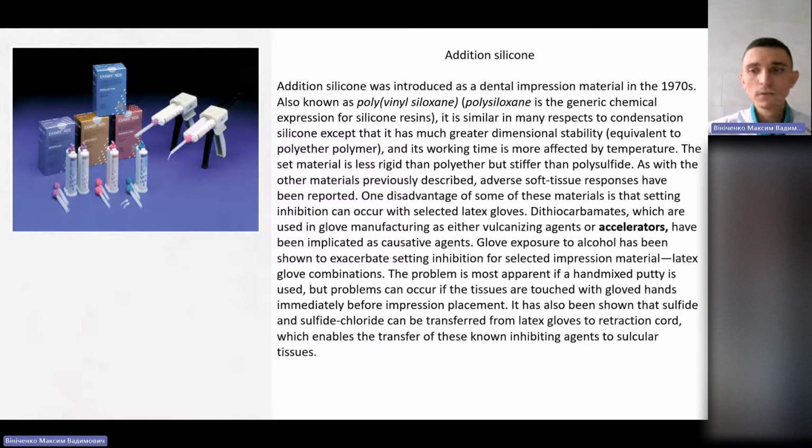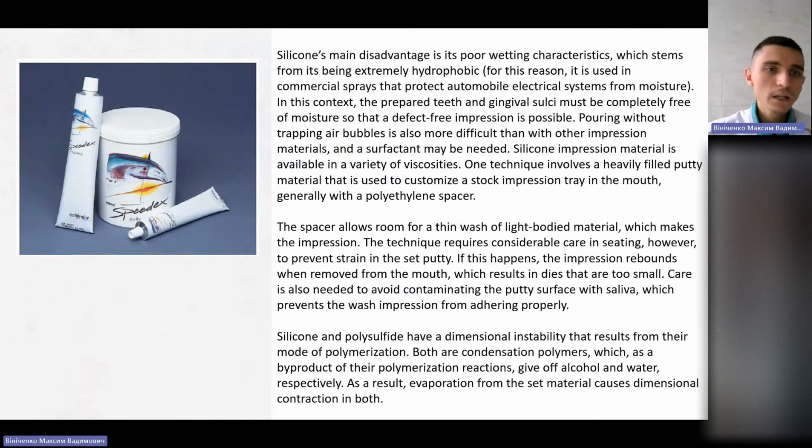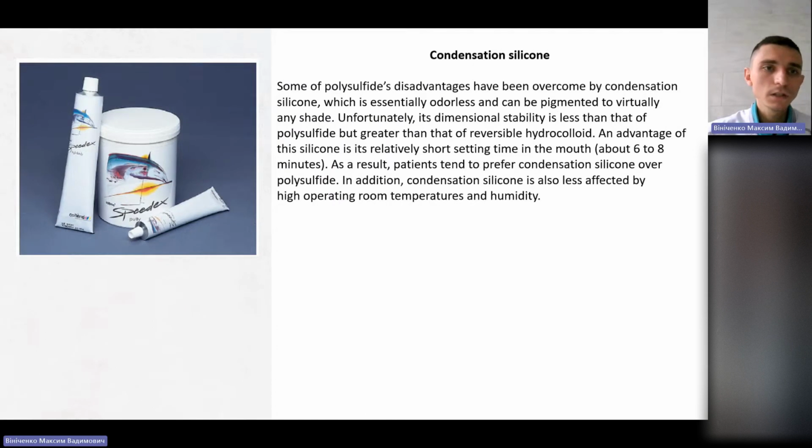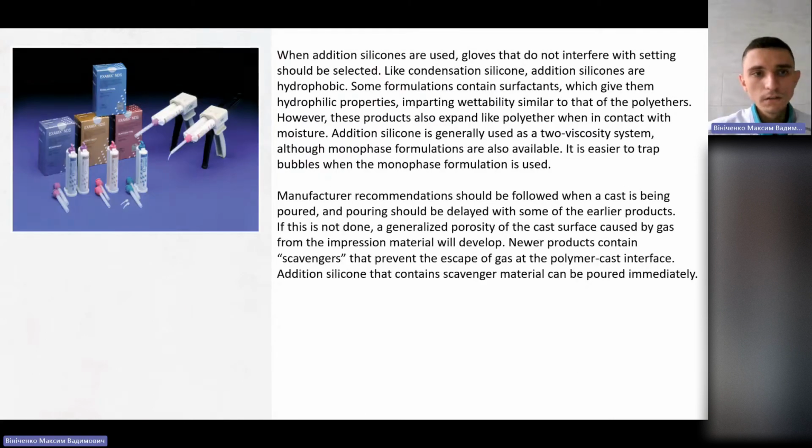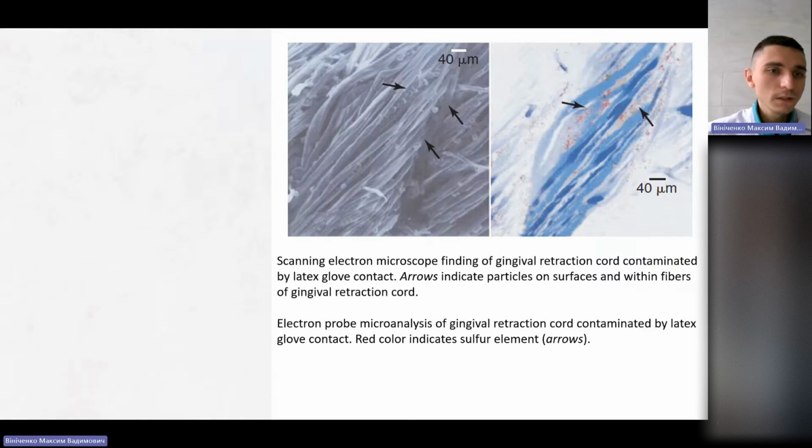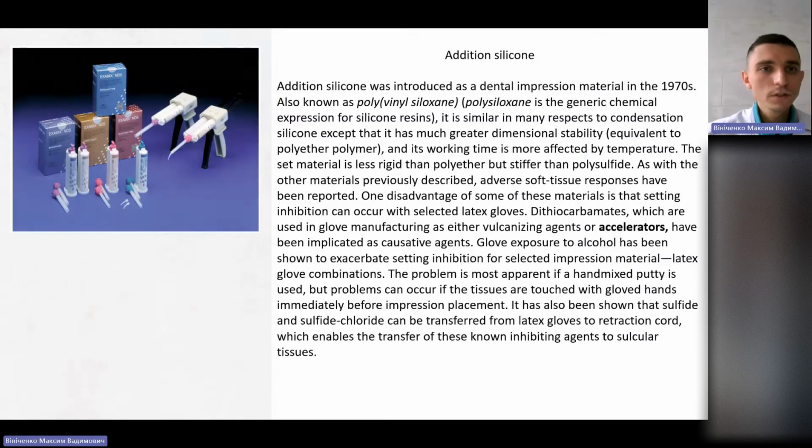Honestly, as I work as an orthodontist, I don't use addition silicone. If I make an impression, I use the alginate and this condensation silicone. For orthodontics, it is not primordial.